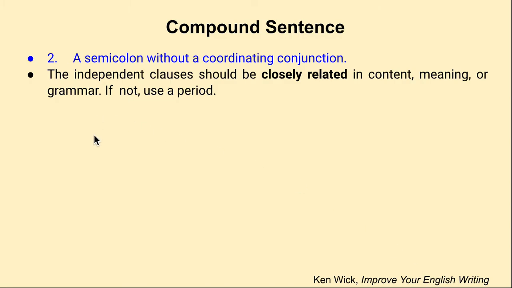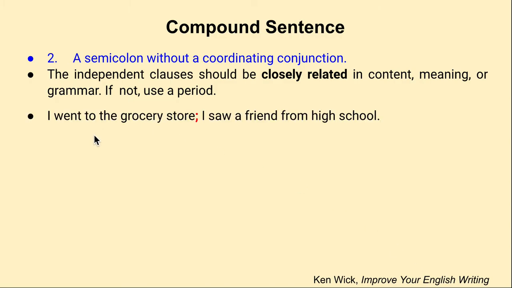If not, just use a period. So here's some examples. Now, it could be debated if these two are closely related. Probably not. You can put a semicolon here, but it's probably not best. But this is just for illustration, showing you there's an independent clause, a semicolon, and an independent clause.